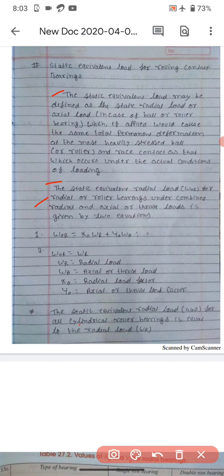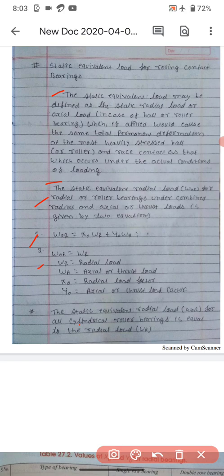And the static equivalent radial load, whose notation is W naught R, for radial or roller bearing, the combined radial and axial or thrust load is given by two equations. First is W naught R is equal to X naught WR plus Y naught WA.